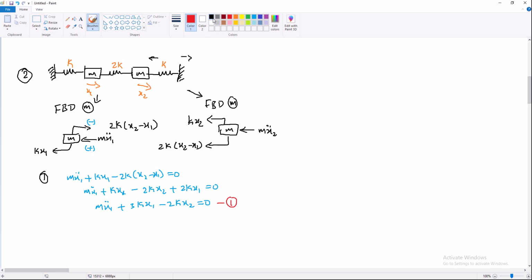So similarly for the second mass, if I write, that would be m x2 double dot plus k x2 plus 2k into x2 minus x1, which is equal to 0.